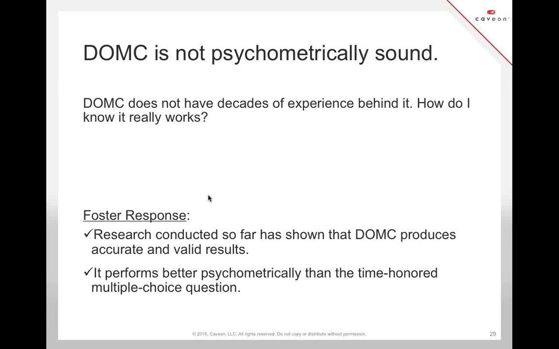And in every case, it's shown that DoMC produces accurate and valid results. You will be able to make similar, if not better, decisions from your test than you were before. So it actually performs better psychometrically.